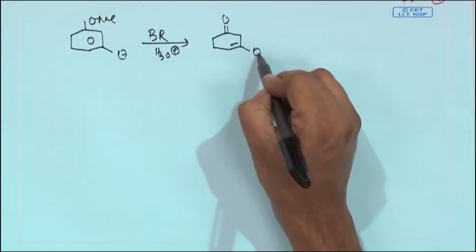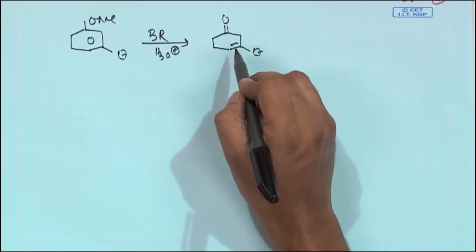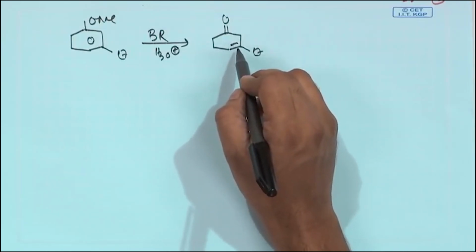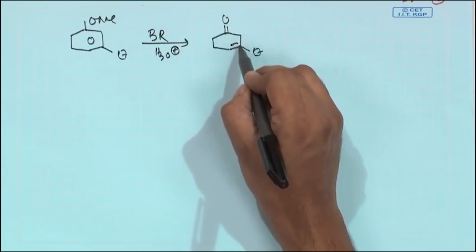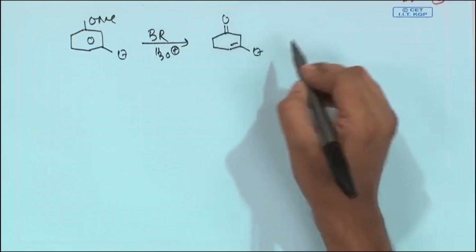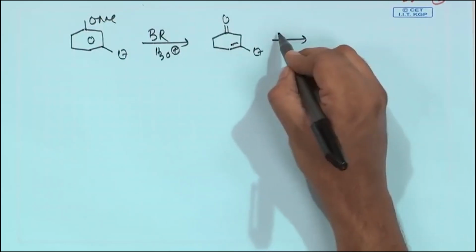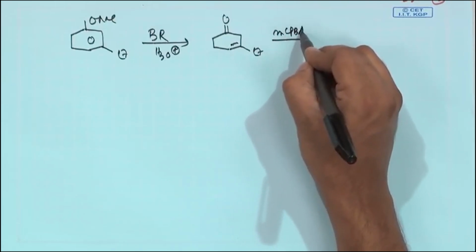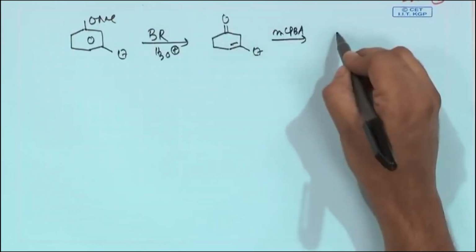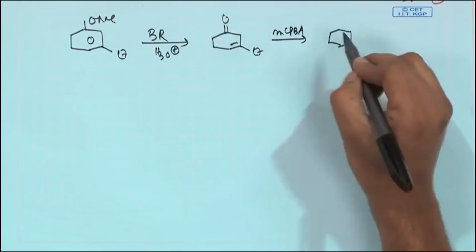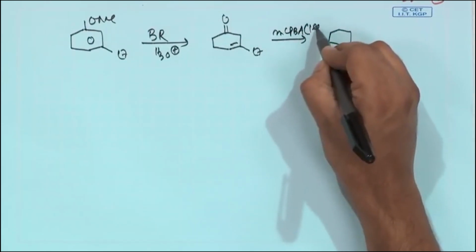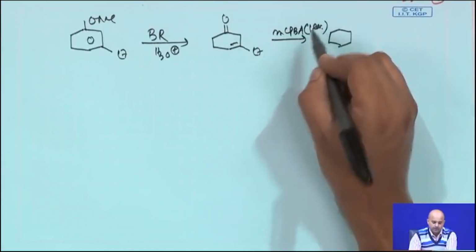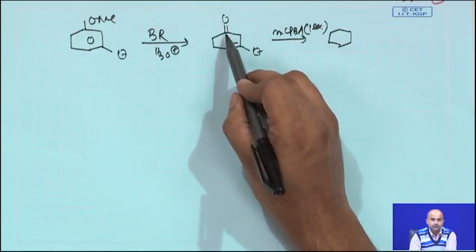Now, as I said, do not expose this compound for a longer time, as it will isomerize to this alpha beta unsaturated compound. So, immediately subject it to epoxidation with mCPBA. This electron-rich olefin reacts instantly with mCPBA; use one equivalent, otherwise if you use excess, Baeyer-Villiger oxidation may take place here.